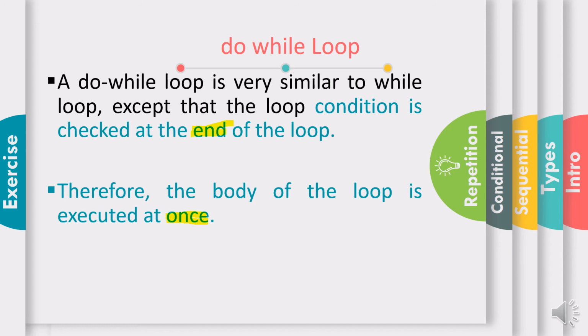But in do while loop, if the condition is false, the body will be executed once, because we are checking the condition after the body of the loop. That is the reason the body of the loop is executed at least one time. So now we have discussed two differences: first, the condition is checked at the end, and second, the body of the loop is executed at least one time.